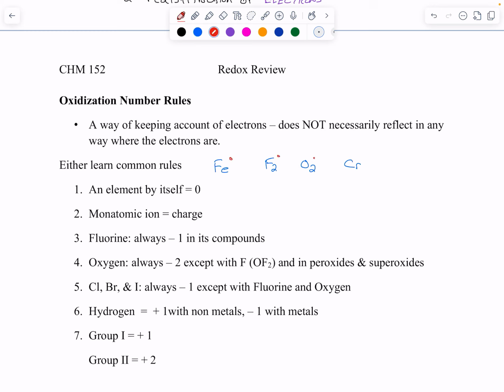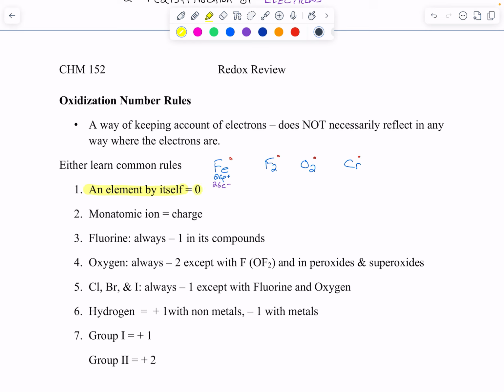There's no protons or electrons gained or lost. Same number of protons as electrons. So for iron, if you look at this, iron has 26 protons and 26 electrons. So there's no oxidation state. So element by itself, we'll just highlight that. So element by itself is 0.